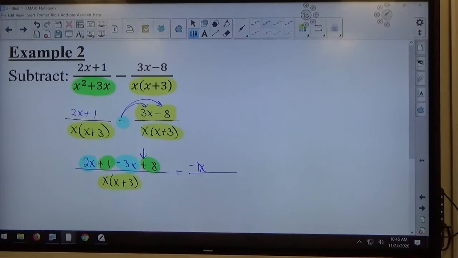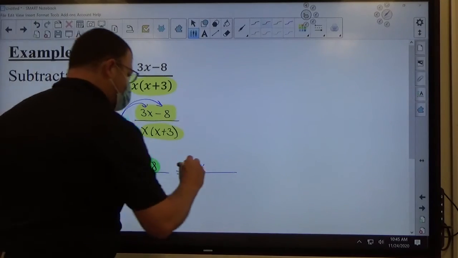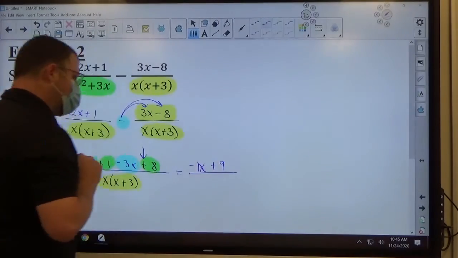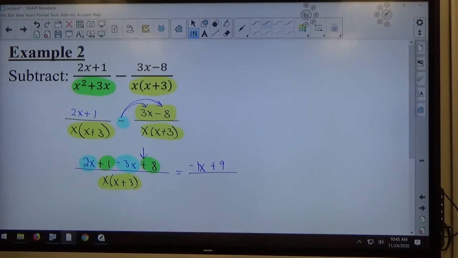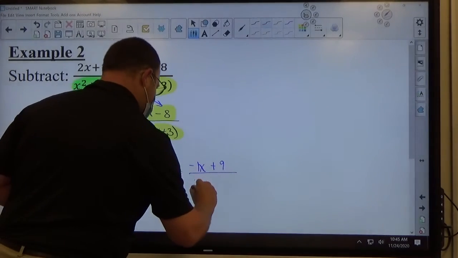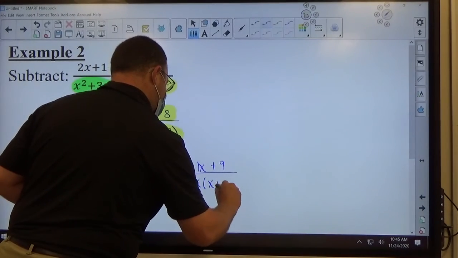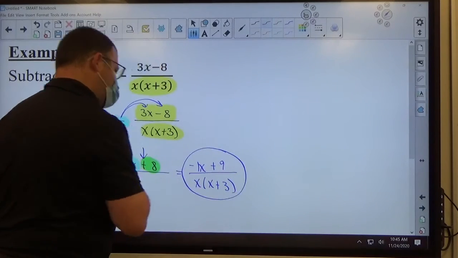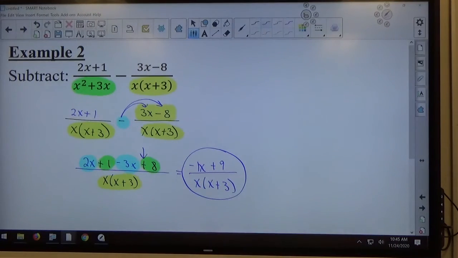Subtract because the signs are different, and negative because 3 is bigger than 2. 1 plus 8 makes plus 9, adding because the signs are the same, and positive because 8 is bigger than 1. And that all goes over my x times x plus 3. That's what I'm looking for as an answer. Again, simplified numerator and a factored denominator.